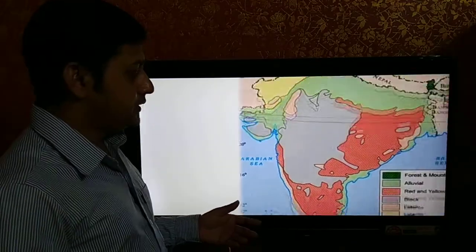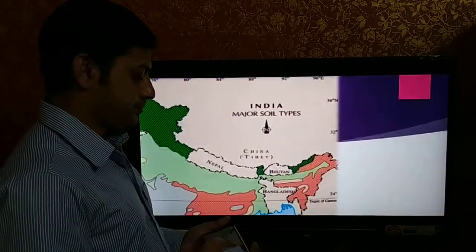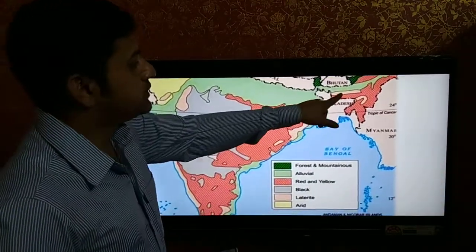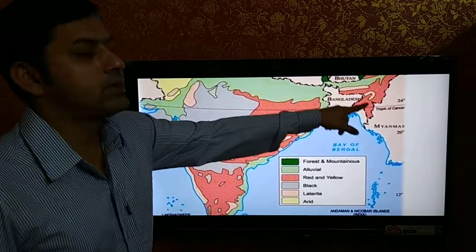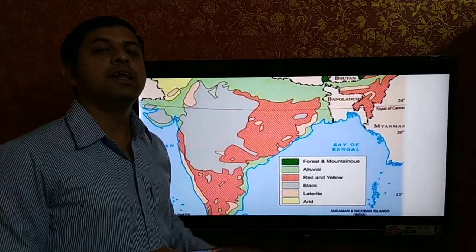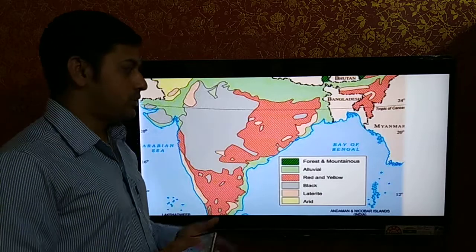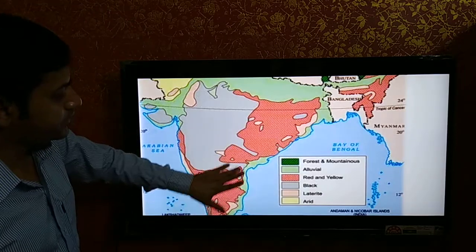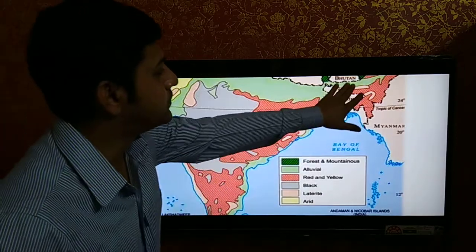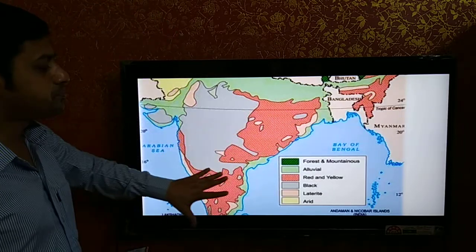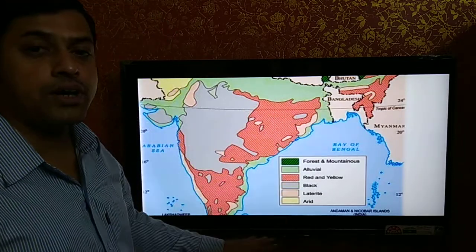And also in the northeastern part of India, laterite soils are found. So these two areas, a few small patches, you can see here, are where laterite soil is found.